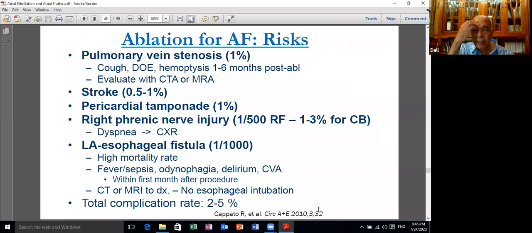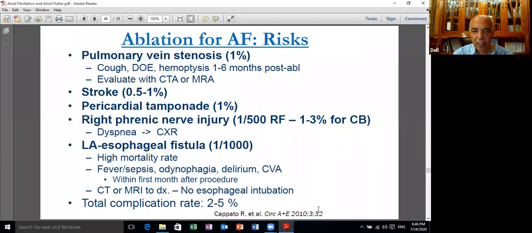So ablation is not free of risk, but the risk is somewhere between 2 and 5% in good hands, maybe higher in people under training. Pulmonary vein stenosis, 1%, presenting with cough and hemoptysis, should be evaluated by CT and MRI and treated by dilatation and stenting. Stroke in 0.5 to 1%.